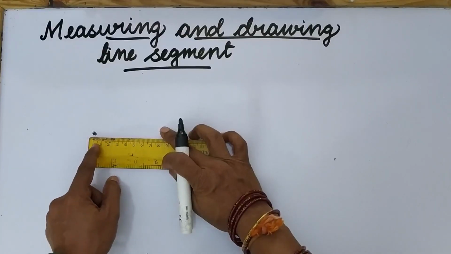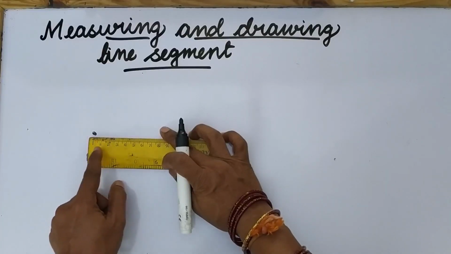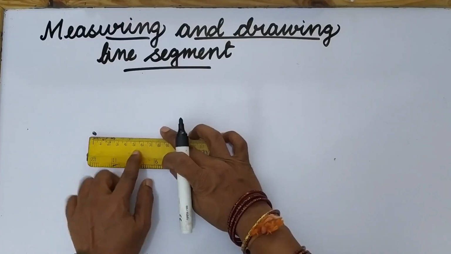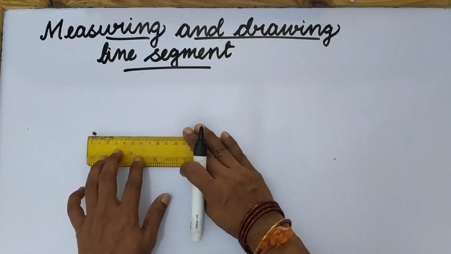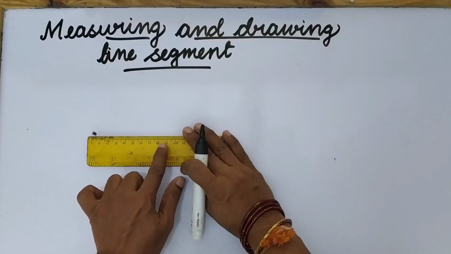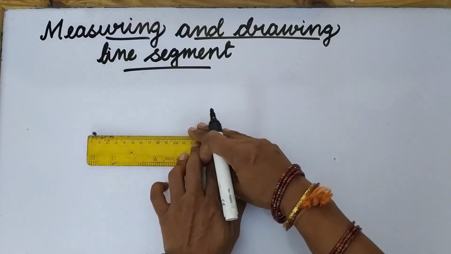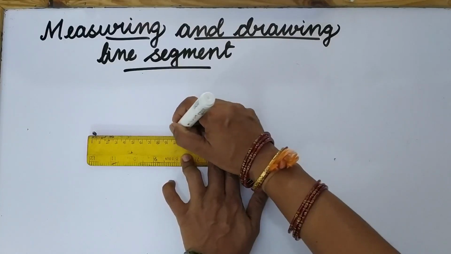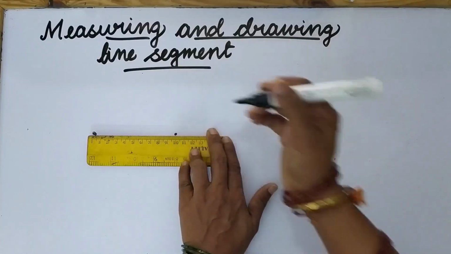Then from here count on 5: 1, 2, 3, 4, 5. Or if you want to draw 10 centimeter: 1, 2, 3, 4, 5, 6, 7, 8, 9 and finally comes 10. Keep the scale properly, hold it tightly, then keep a point here.